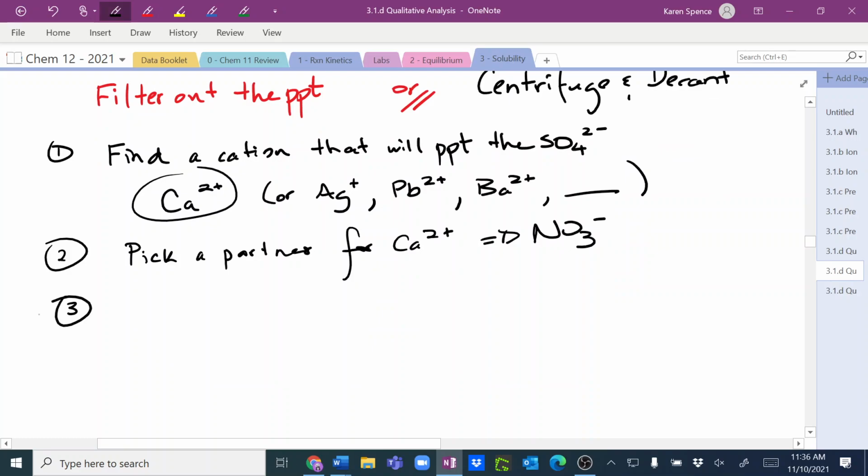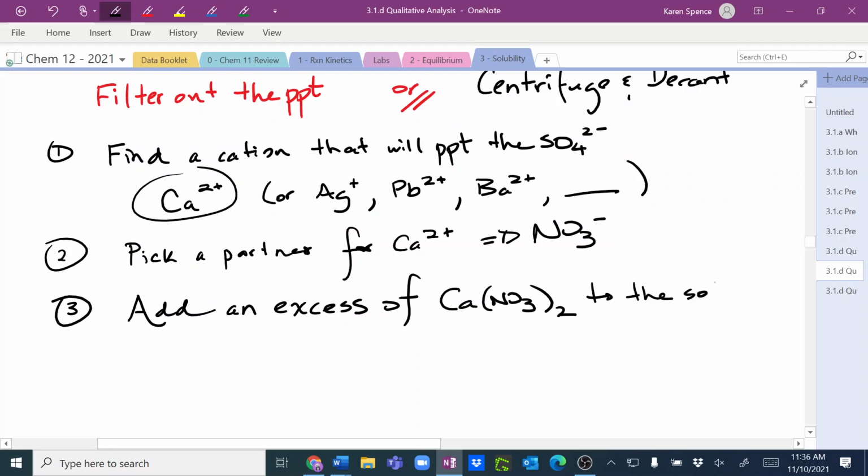What do we write in step number 3? What do we add to the solution? An excess of CaNO3 to the solution.